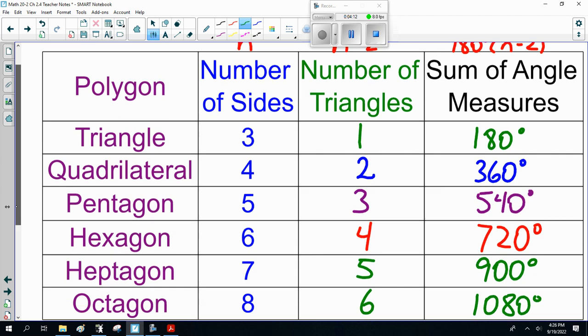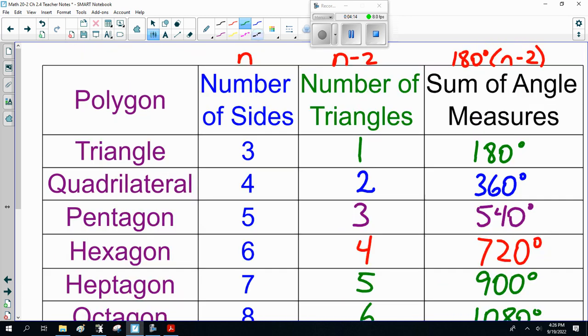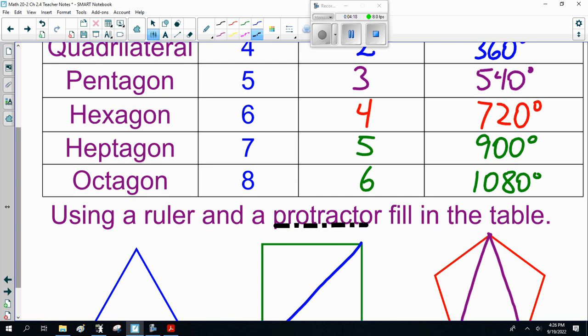Now you are supposed to use a protractor. All right. There we go. So now we have a formula for the sum of the angles.